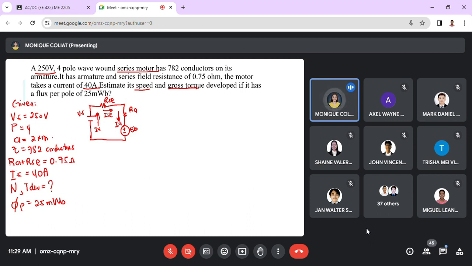So, meron tayong formula na, let's say, PDEV is equals to flux per pole PNZ over 2 pi NT. Mali. Iba pala to. Pang EB pala yan. To get PDEV, we have 2 pi N TDEV divided by 60.